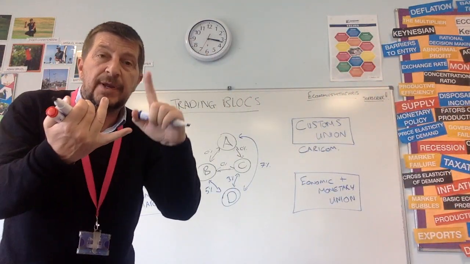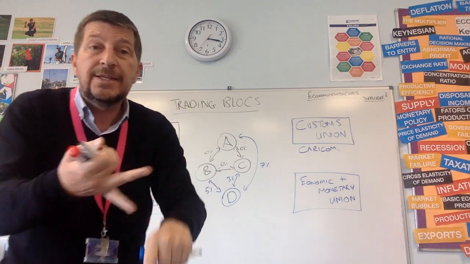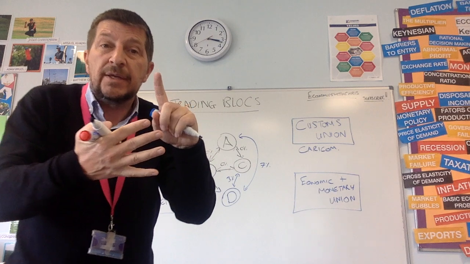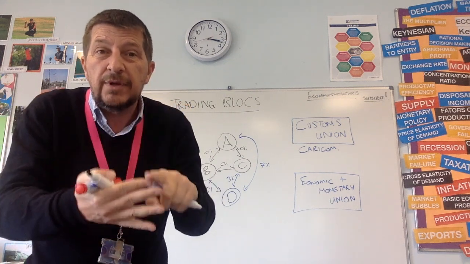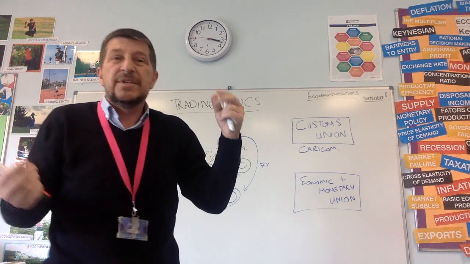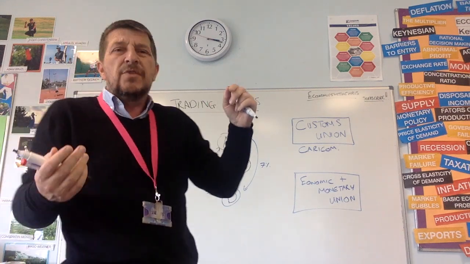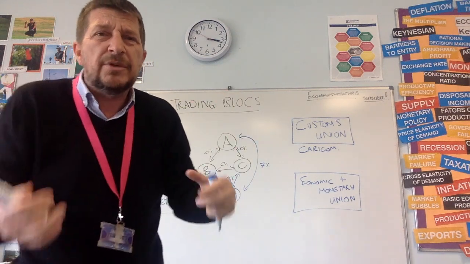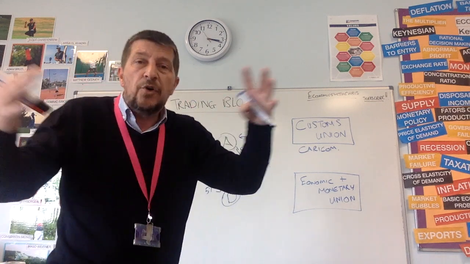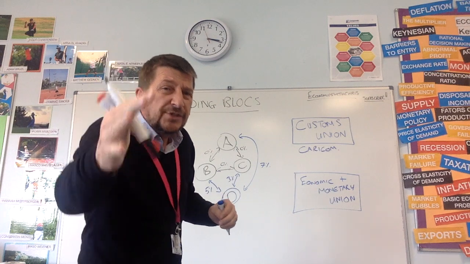You've got people like Cuba, Haiti, Dominican Republic, islands like Grenada, the Grenadines, St. Kitts, and St. Vincent, Barbados, the Bahamas, Jamaica, all these relatively small economies, and they have formed a customs union. Now, what does that mean?